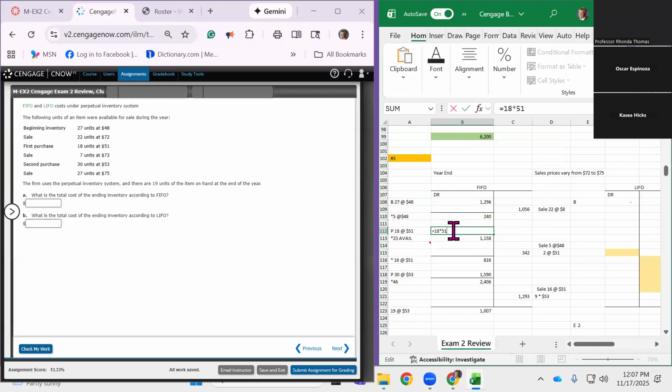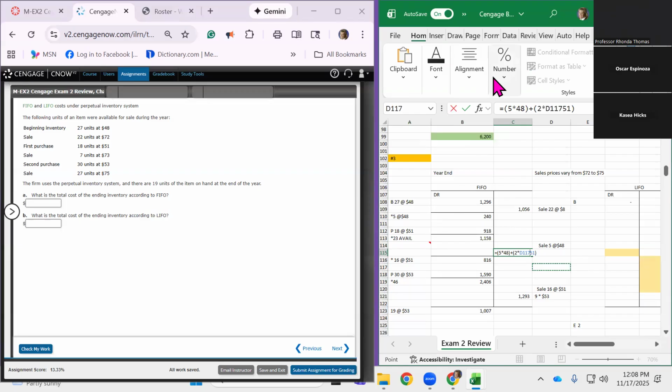If we take 18 times 51, this is what we purchased, and this is what we still had, and we have to keep those separate. So when we sell 7, all 5 of those are going to be gone: 5 at 48, and then 2 more at 51.